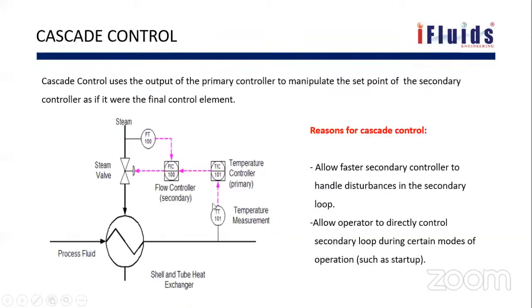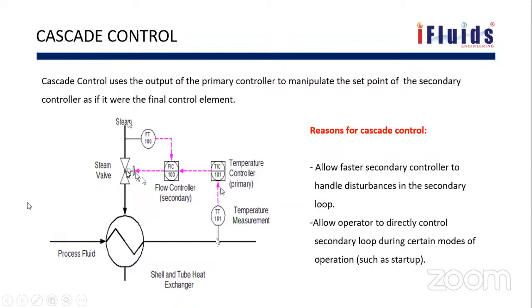And now you may ask why this controller is required. Why not directly give this temperature to the steam valve, as in the case of feedback control? That is the simplest control. Now if you see, once this temperature measurement gives the temperature input to the steam valve, it randomly opens and closes.